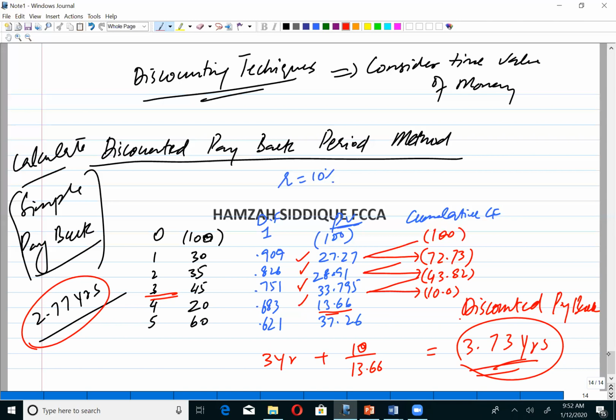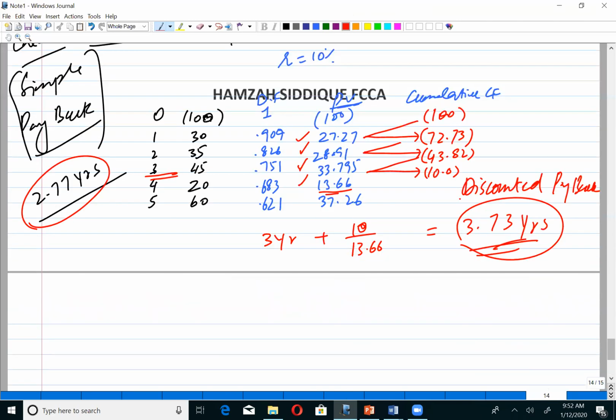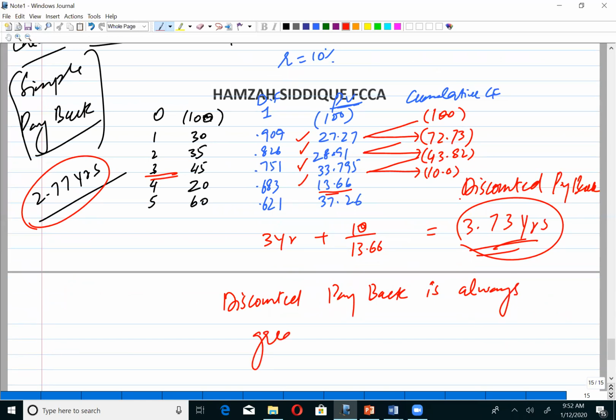One thing is certain: discounted payback is always greater than the simple payback of a project.